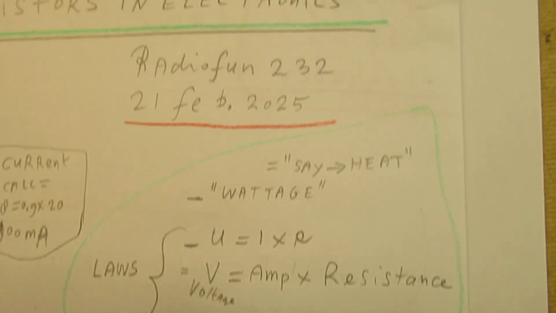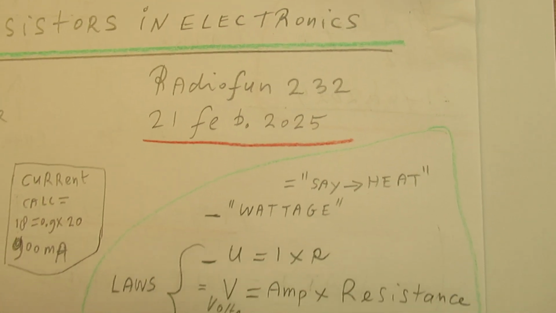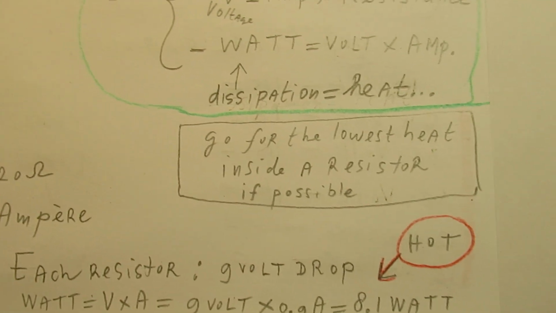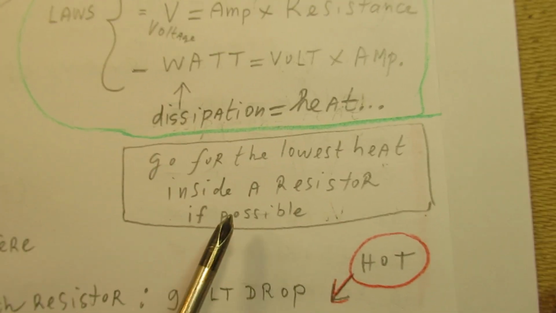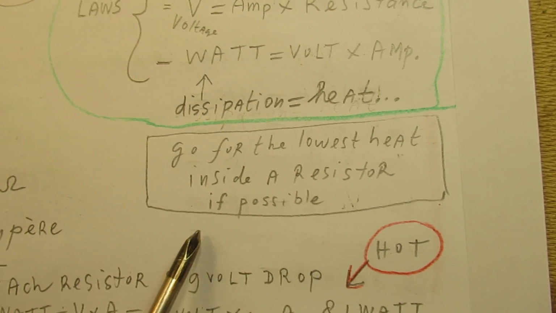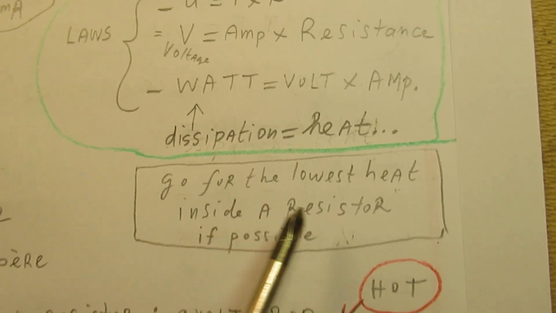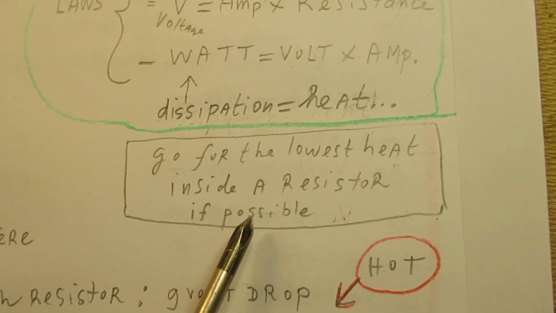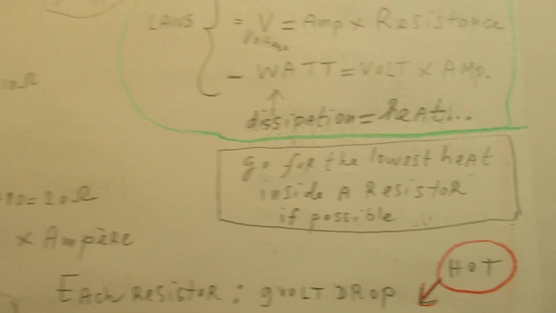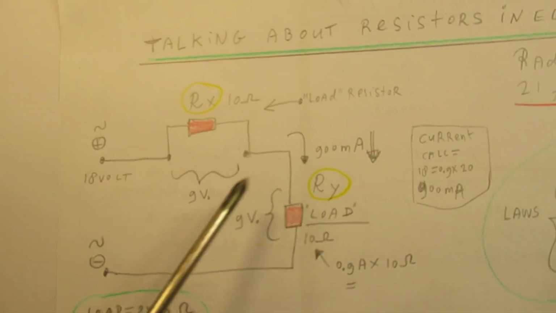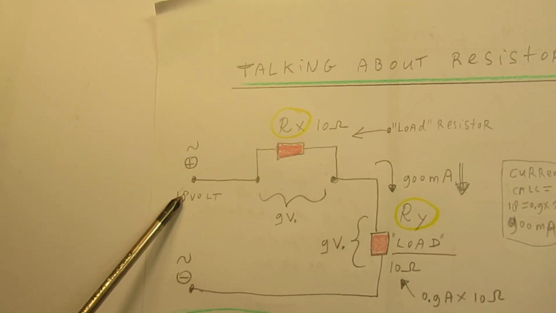When you are working with electronics, it's always a very good idea to make circuits, and when you want to supply them with a current or a resistor, go for the lowest heat inside a resistor if possible. So what's about this circuit? Current flowing. Well, 18 volts here.